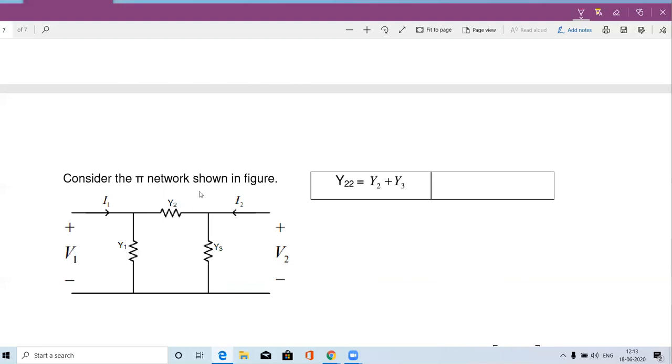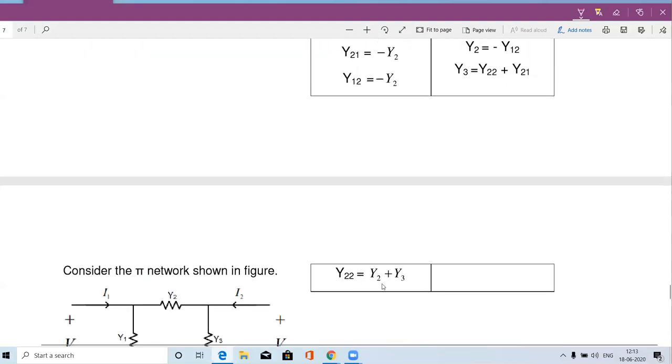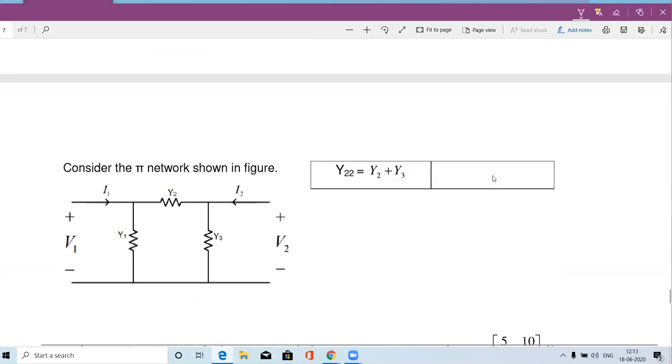The relation is Y11 equal to Y1 plus Y2, Y22 equal to Y2 plus Y3, Y21 equal to minus Y2, Y12 equal to minus Y2. If you rearrange this, we get Y1 as Y11 plus Y21, Y2 equal to minus Y12, Y3 as Y22 plus Y21. Okay, so these are the relations.